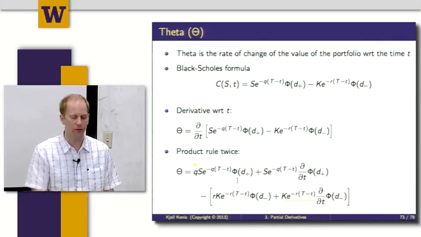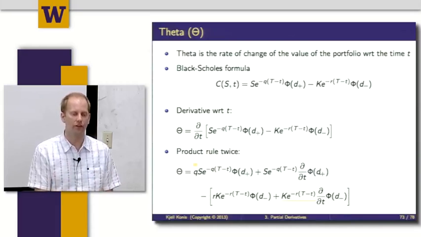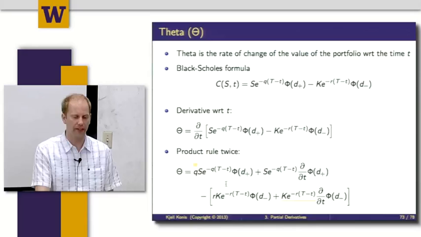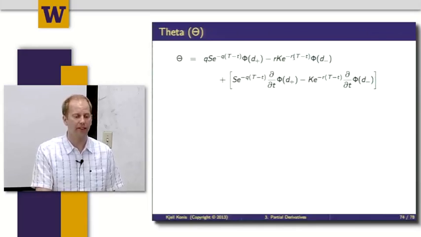So what I'm going to do is rewrite these so that the two functions that have the partial derivative with respect to t of phi go in one group, and the other two go in the second group. So I end up with this expression here.